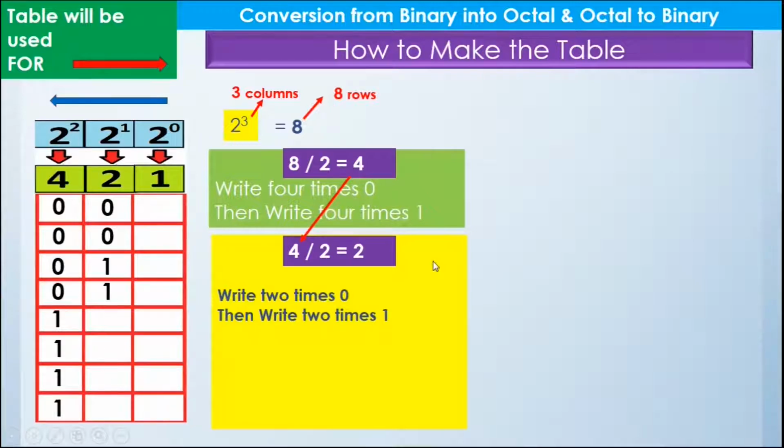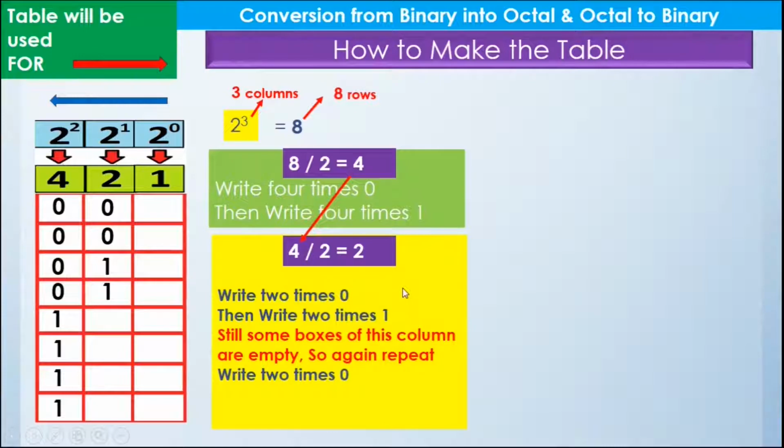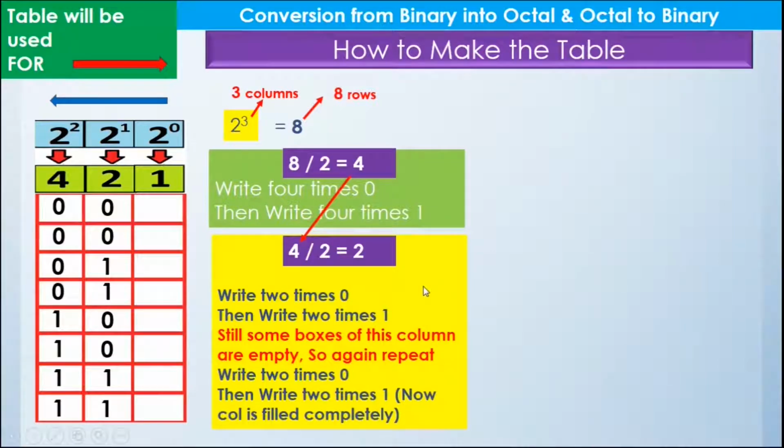So 2 ones come here. Still some boxes of this column are empty, so again repeat. Write 2 times 0, so 2 zeros come here, and then write 2 times 1, so 2 ones come here. Now the column is completely filled, so we will move to the next column.